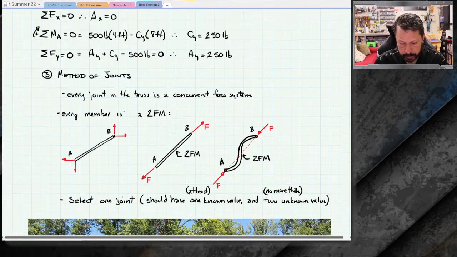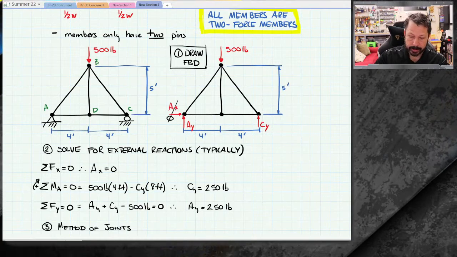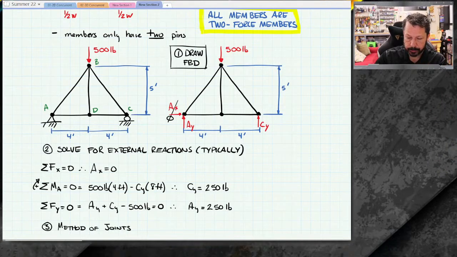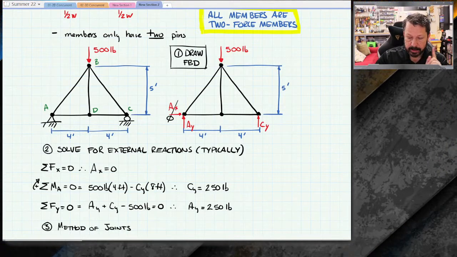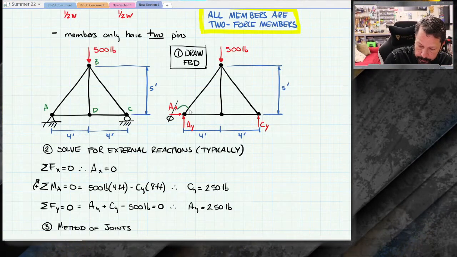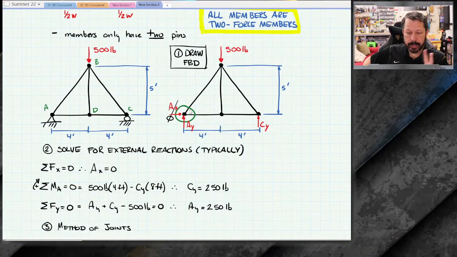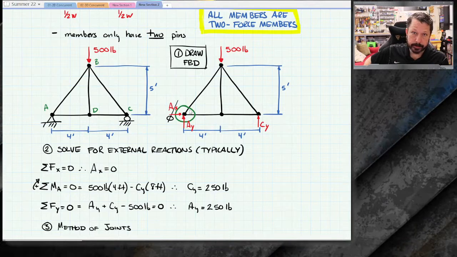So looking at my free body diagram, I know AY, I know the 500 pounds, and I know CY. So I could pick joint A. I would know AY and AX, even though AX is 0, I still know it.